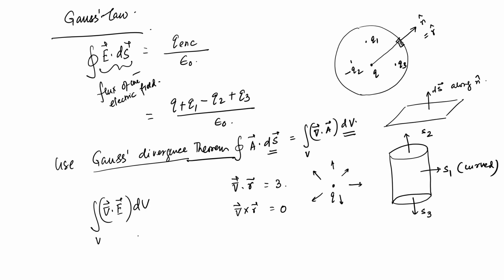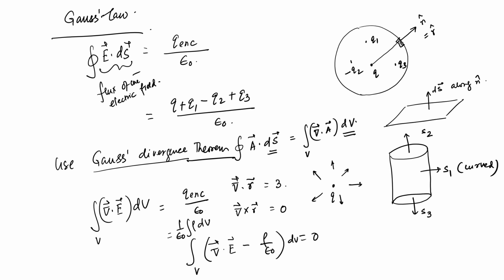This is equal to Q enclosed over epsilon 0, and we are allowed to write Q enclosed equal to the integral of rho dV for a continuous charge distribution. Now, you see that the integral of divergence of E minus rho over epsilon 0, over some arbitrary volume, is equal to 0.